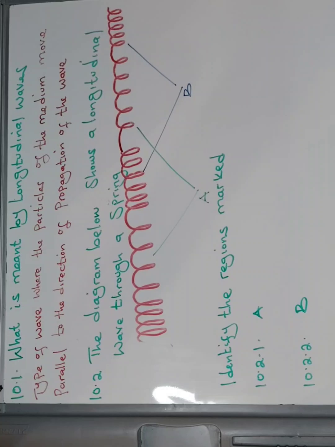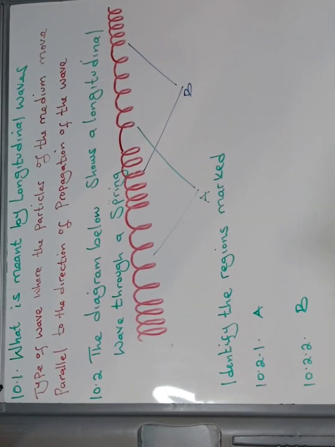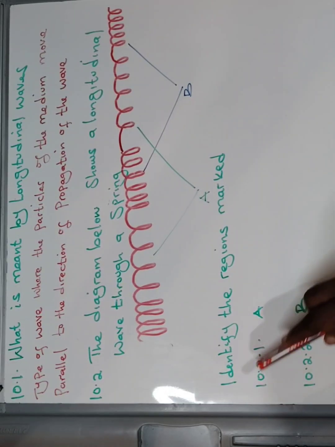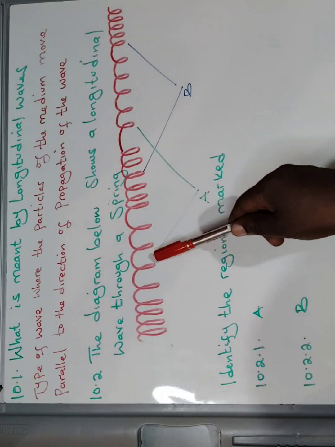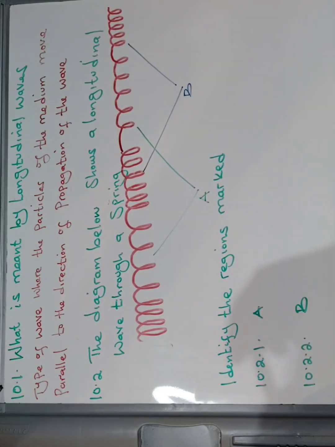Then comes the next question. It says that the diagram below shows a longitudinal wave through a spring. The question says to identify the regions marked A. What are those regions marked by A?